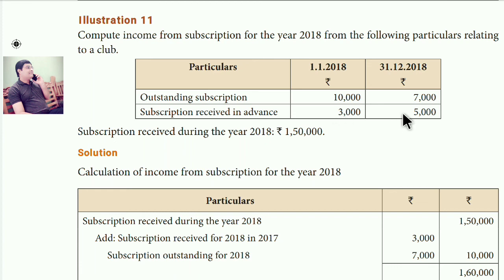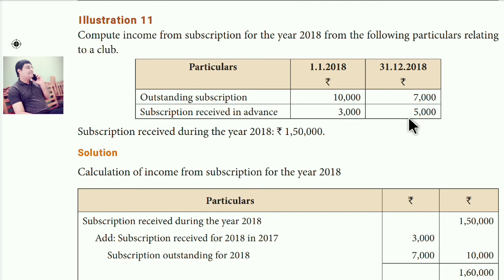So what is that? 10,000 rupees, minus plus. Simply we have to remember minus plus. Then 3,000 rupees, plus minus, because whoever gives advance in the beginning, that is for the current year, so we have to add it.